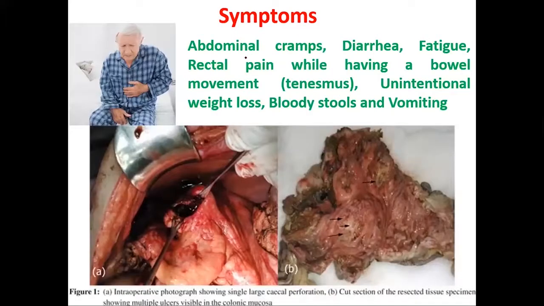Symptoms: severe abdominal pain, diarrhea, fatigue, and rectal pain, because I told you they mainly infect the colon area, and unintentional weight loss because they are taking nutrition from us, bloody stool and vomiting. We can see mucus as well as blood in the fecal matter, and we can observe vomiting also.